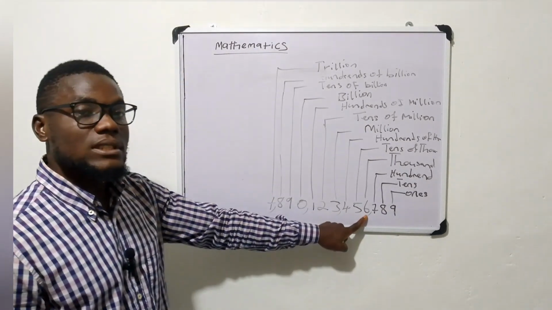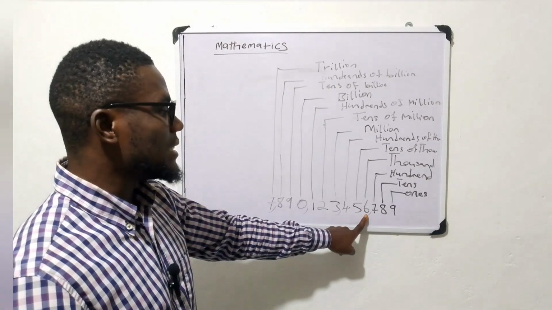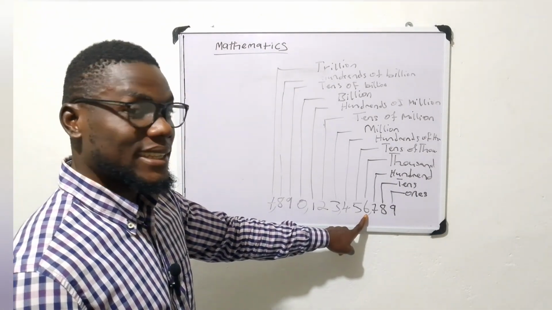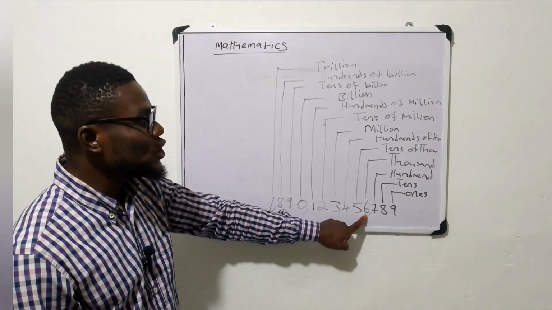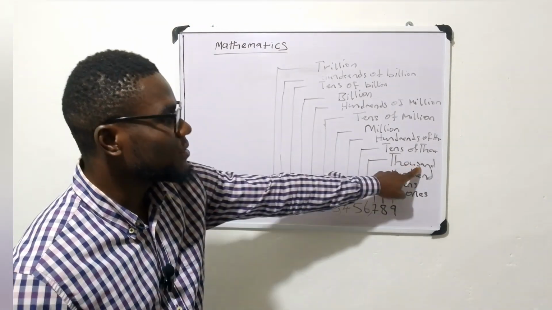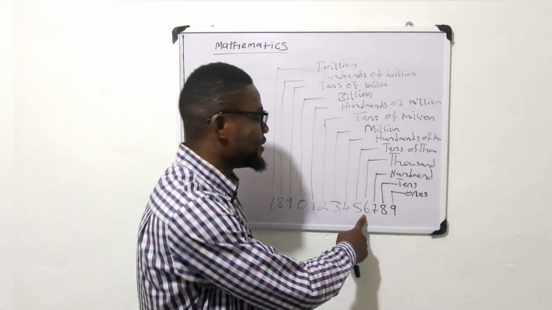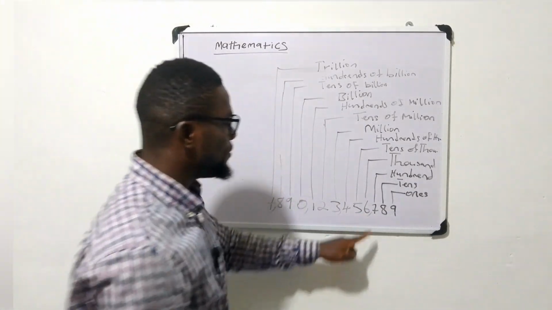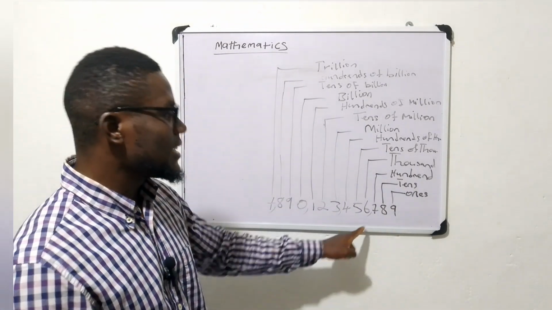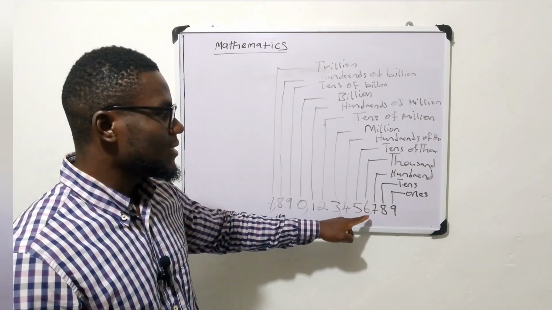Now in thousands, it only stops at 9. You have ones of thousand. So you cannot have 10,000 here. It's not possible. You only have 9,000, 8,000, 7,000, or 4,000.